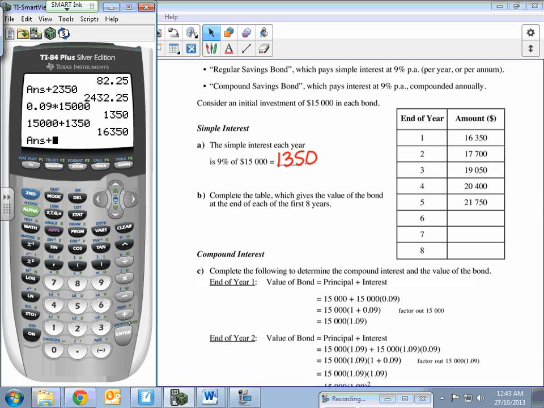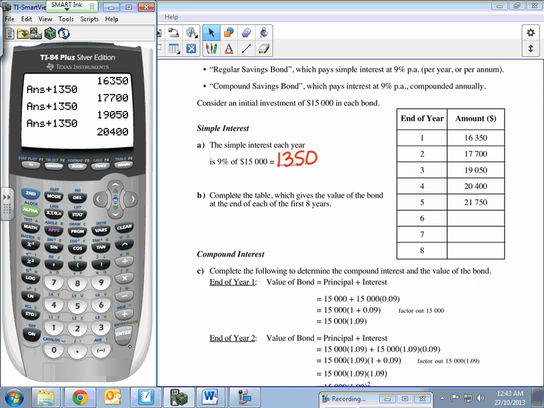If we add 1350, check your work. 17,700 on the right hand side at the end of year two, 17,700. Looks good. Add another 1350. Enter. 19,050 at the end of year three, at the chart on the right hand side, 19,050.